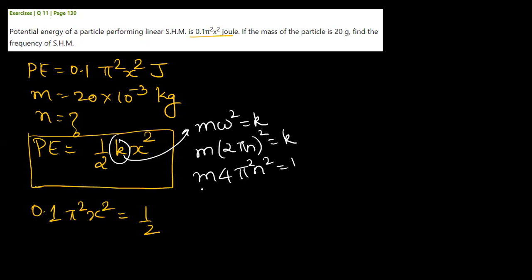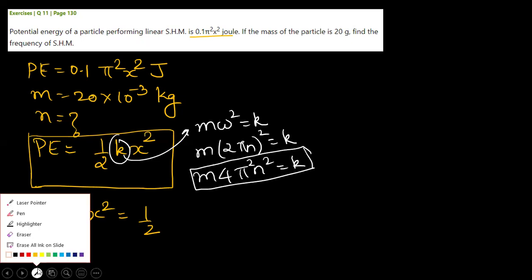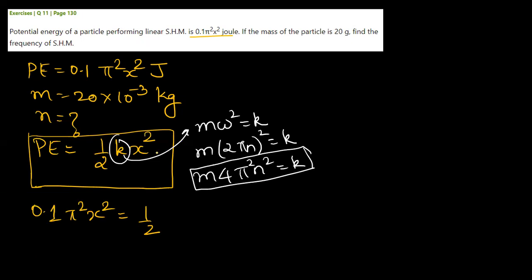So instead of k, I substitute this term because I need to find the frequency. So I write m 4 pi square n square into x square. If you see, x square and pi square will get cancelled.